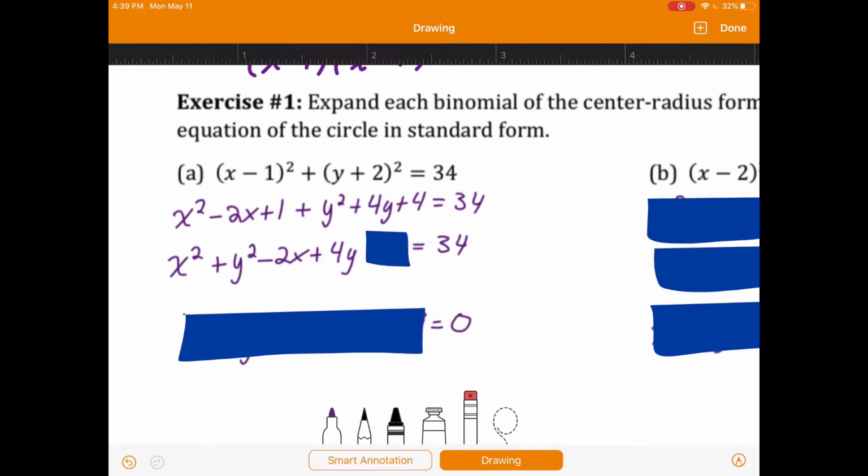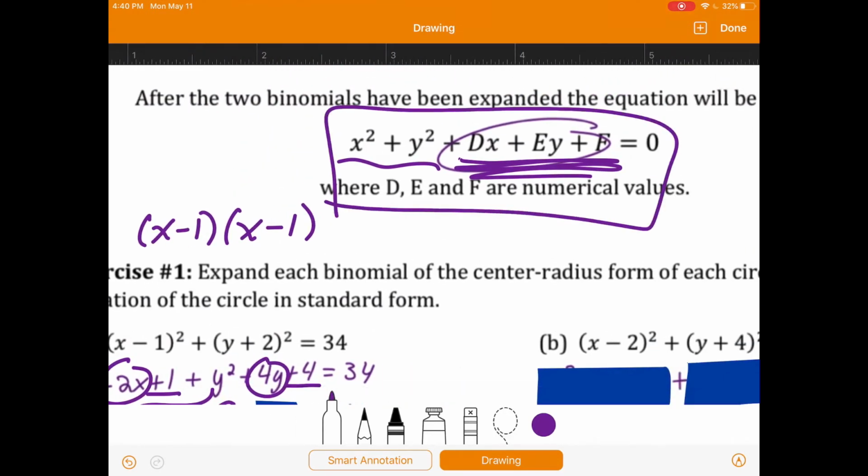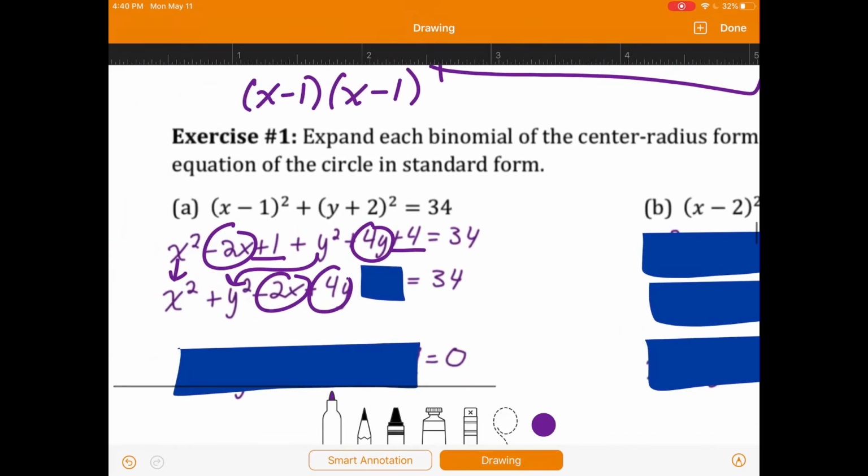And then we're going to take the other pieces of this, and you can put them in order whenever you want because that piece doesn't matter. What we're going to do is we combined these two like terms, and then we put the rest of this in order. So we put x squared here, y squared over here, and then these two pieces here, just so that it was in this standard form order.